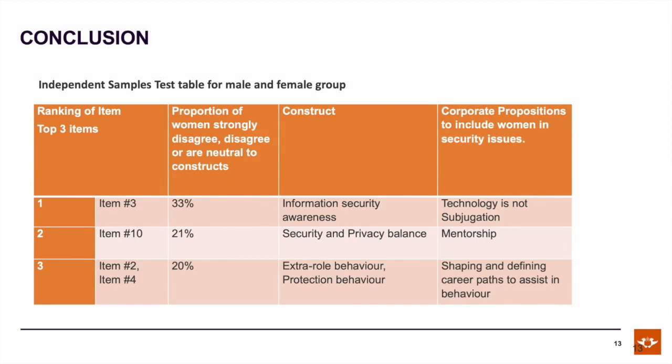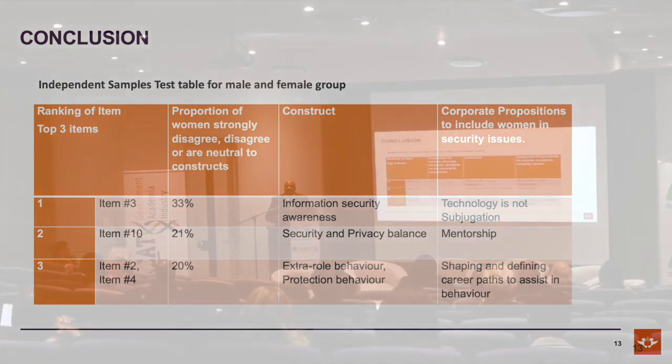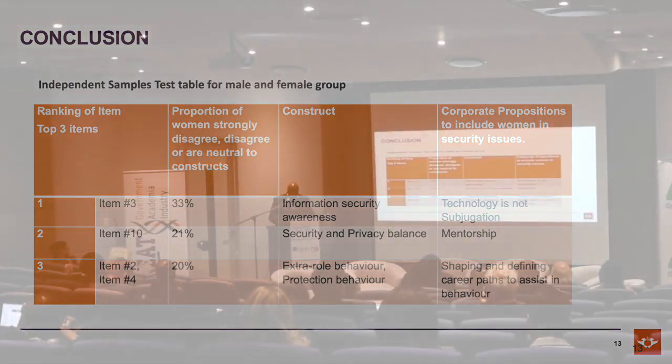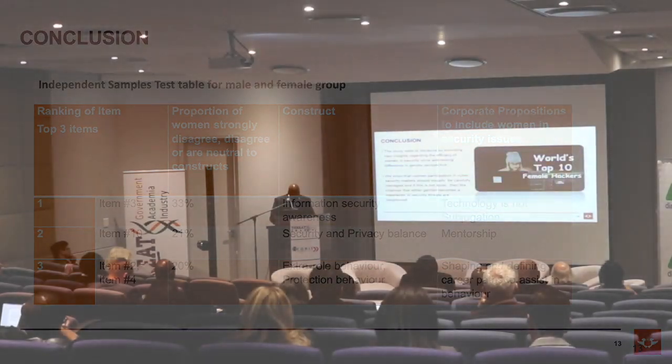In other words, rather than being subjugated by technology, they're unraveling and removing themselves from those shackles. We also looked at mentorship, and saying that we could mentor women. We also looked at shaping and defining career paths so that they are made aware of their role. So those are some of the findings that we have found.